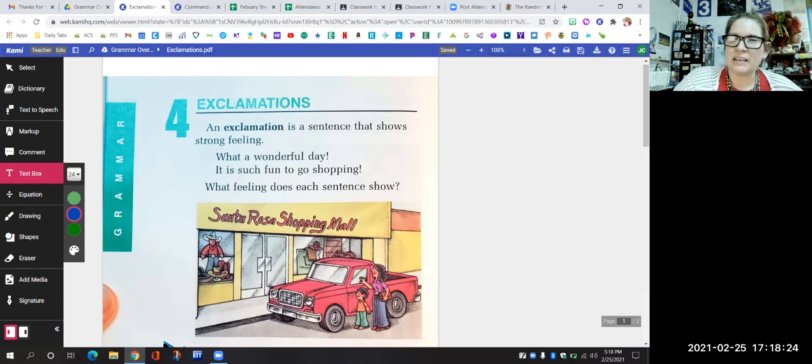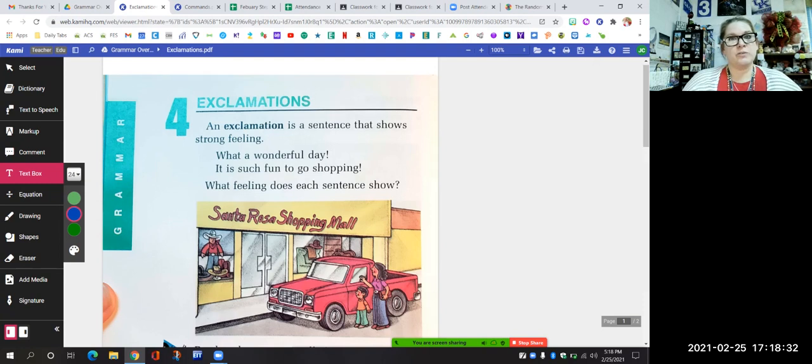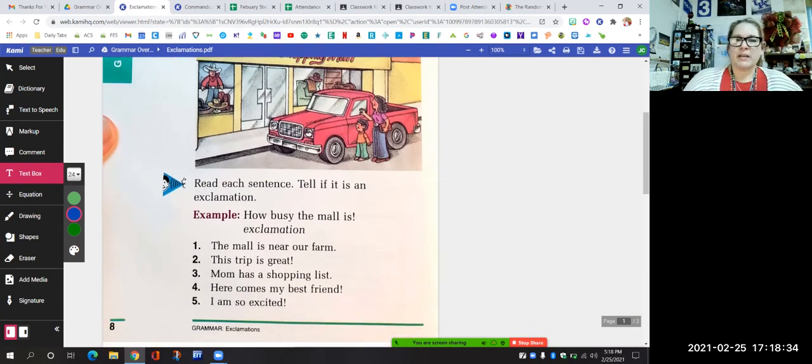So, what feeling does each of those sentences show? It shows excitement. Exclamation shows excitement. So, we are going to read the sentences and tell if it is an exclamation. So, here's the example. How busy the mall is. That's an exclamation. It's showing excitement.